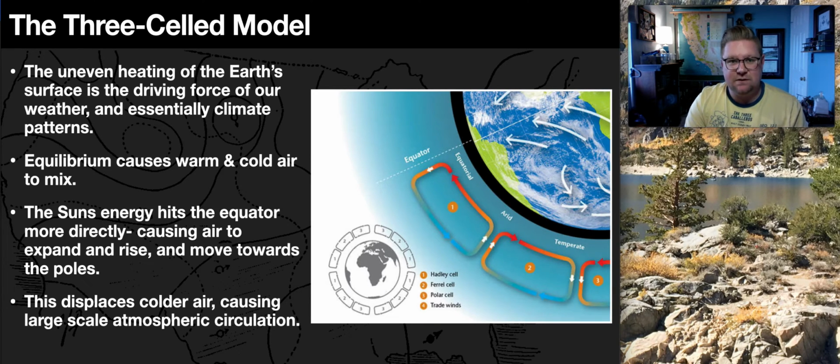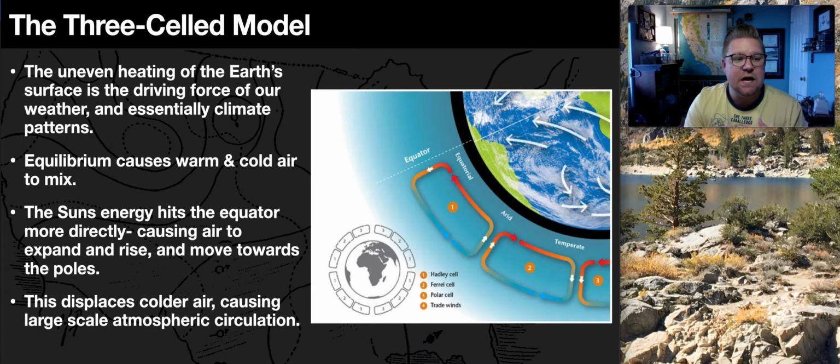Now, the first thing to introduce is that the surface of the Earth is receiving solar radiation, but it's uneven in how that intensity and energy is being distributed. Because of that uneven heating of the Earth's surface, that is the driving force of weather moving in our patterns.